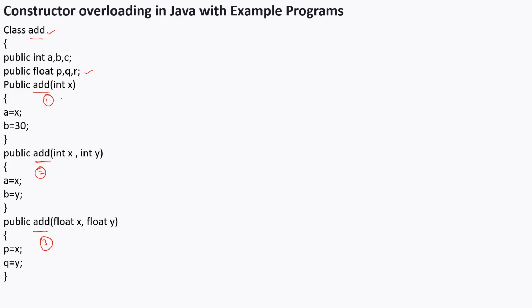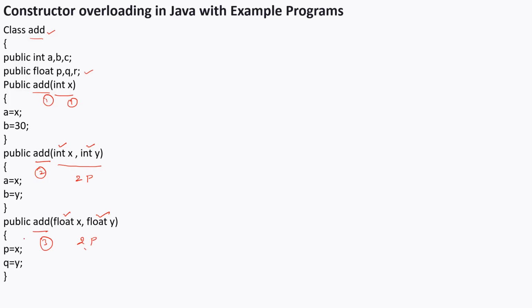In the first constructor, I have taken a single parameter. In the second constructor, I have taken 2 parameters of integer type. You can see here, this is integer, this is integer. And in the third constructor, you have taken 2 parameters, but they are of float type.